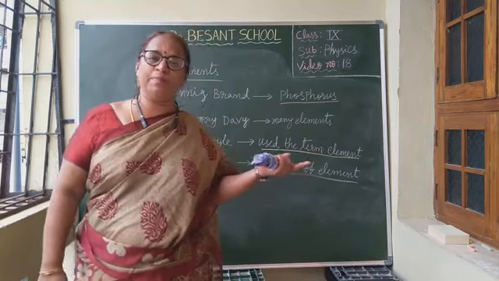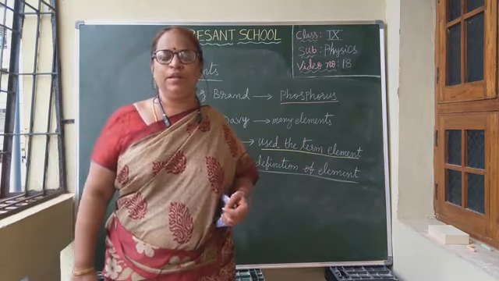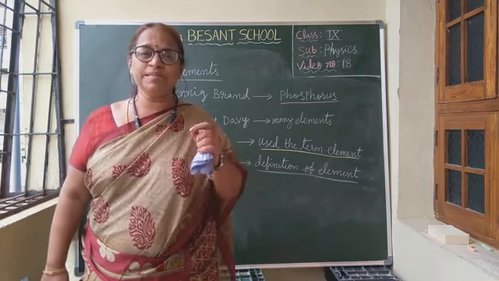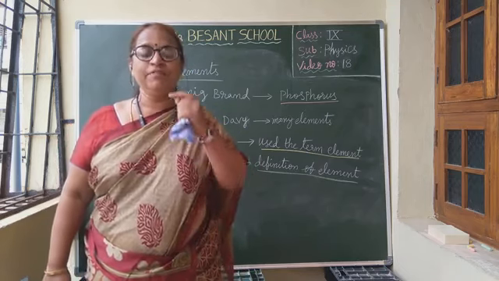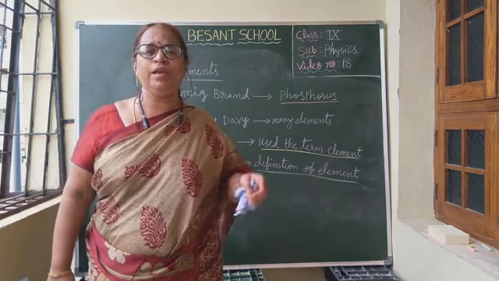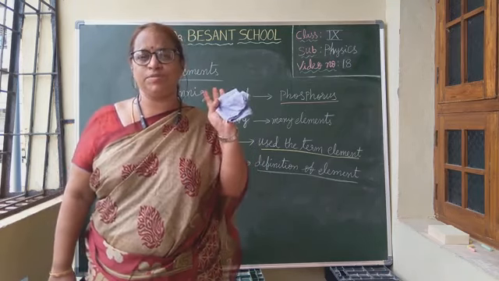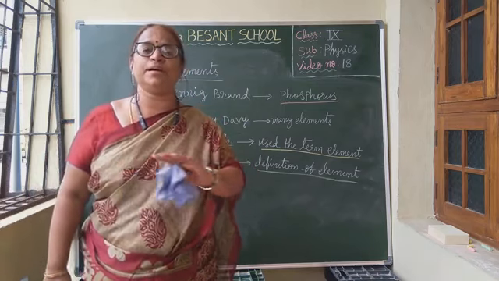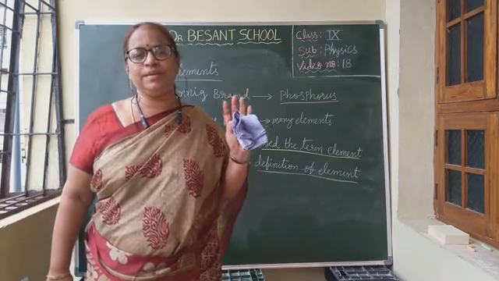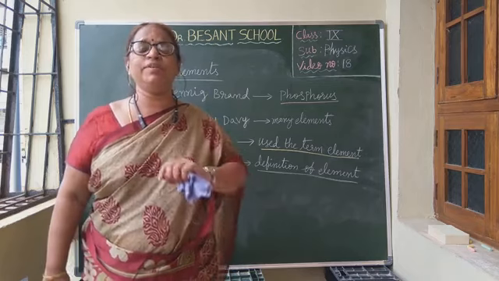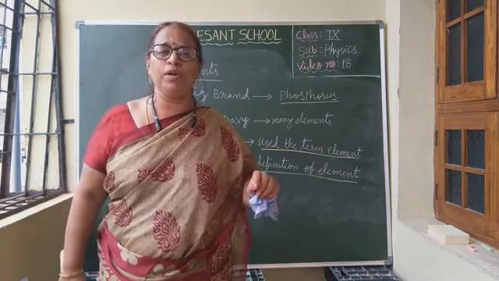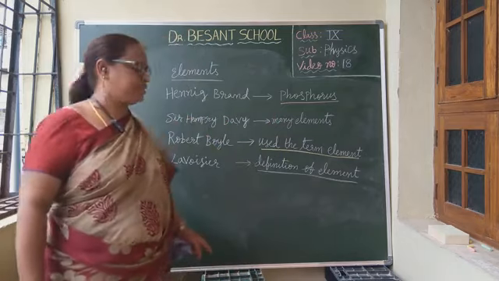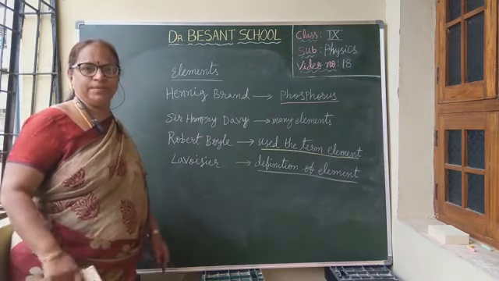Mixtures can be separated by physical methods. Compounds can be separated by chemical methods, but an element is a pure form of matter which cannot be separated at all, even by chemical reaction. Understood? It is the simplest substance which cannot be separated anymore by any means. That is called an element. This definition was given by Lavoisier.